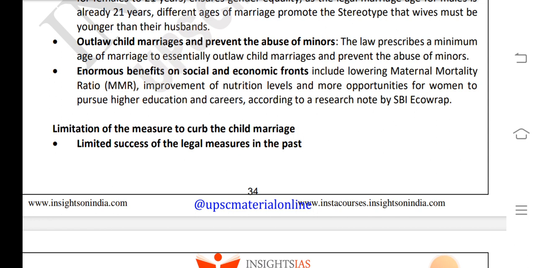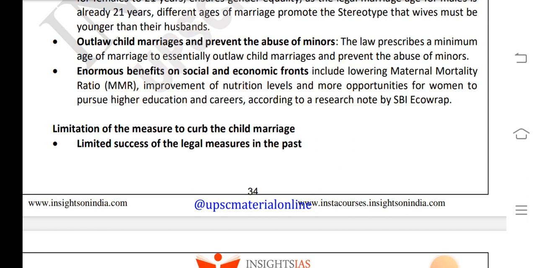Increasing the minimum age of marriage for females to 21 years ensures gender equality, as the legal marriage age for males is already 21 years. Different ages of marriage promote the stereotype that the wife must be younger than her husband.